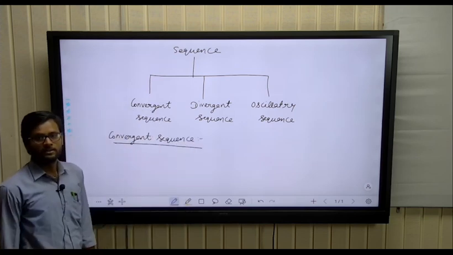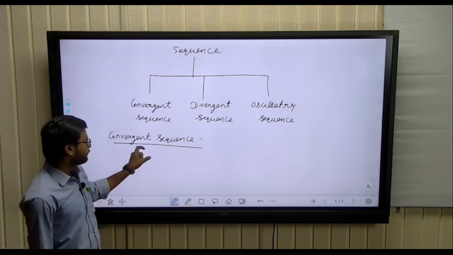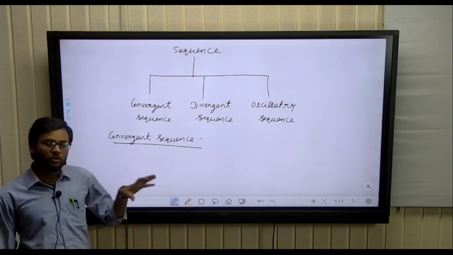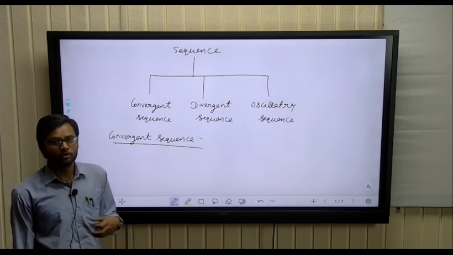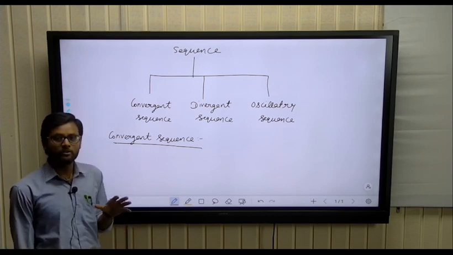But before the convergent sequence, I discuss the limit of a sequence, because this is an important part of sequences.